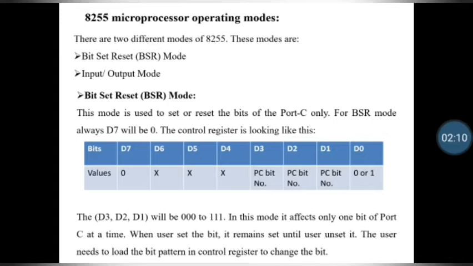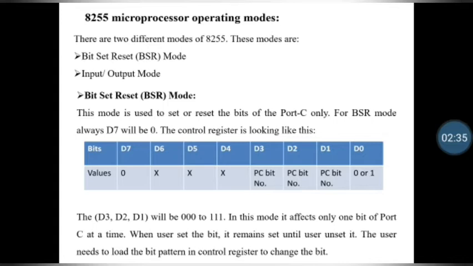For example, if your device is set in the BSR mode, then the last bit, that is the MSB, will be set to 0. You can see in the figure. So the last bit, that is the MSB, indicates the type of mode used by the processor.